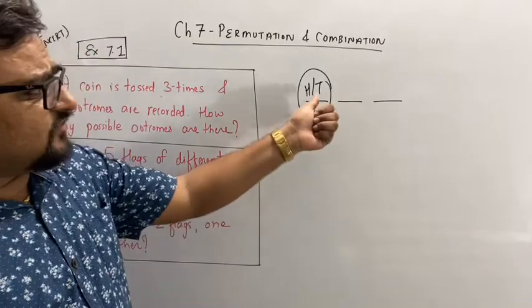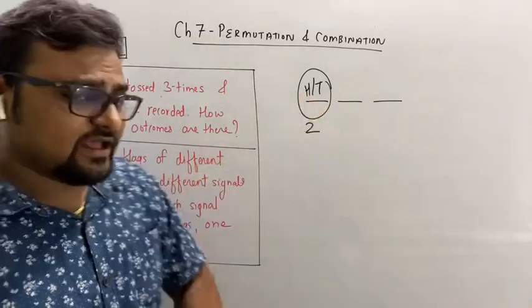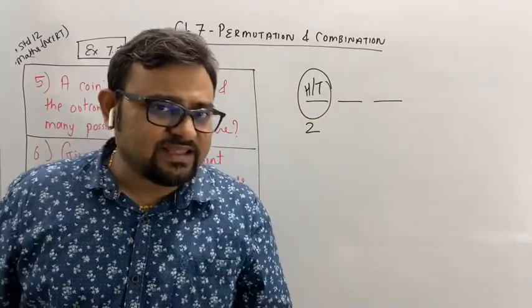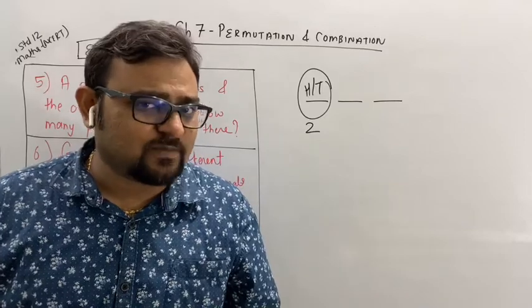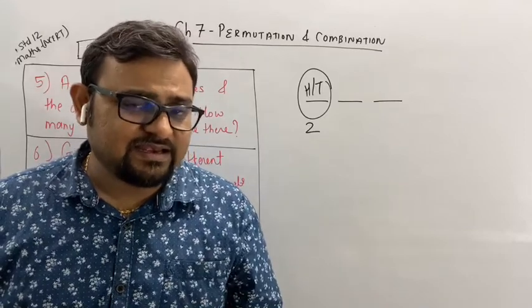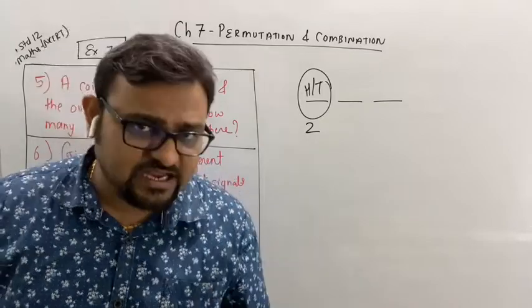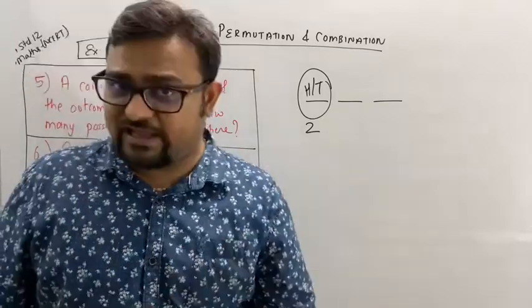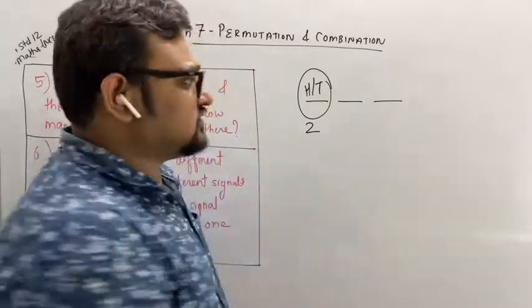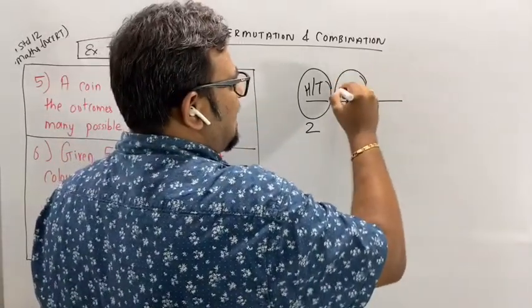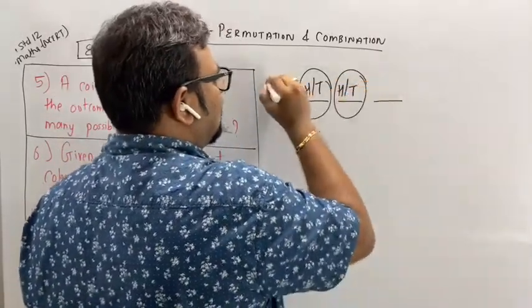Clear? When I am tossing it for the second time, again two options, head or tail. See, if for the first time it's head, that doesn't mean that the second time it won't be head, right? It can be head again. Even it can be head for the third time. It can also be tail. So there are only two options, either head or tail.